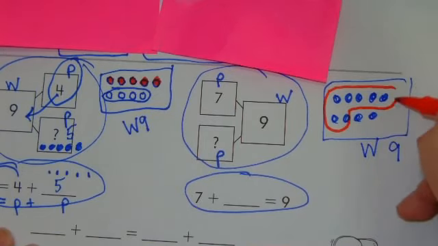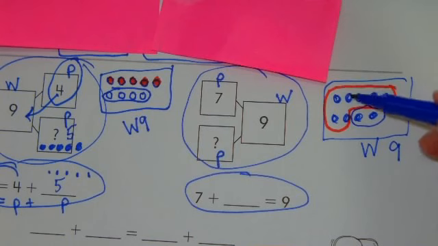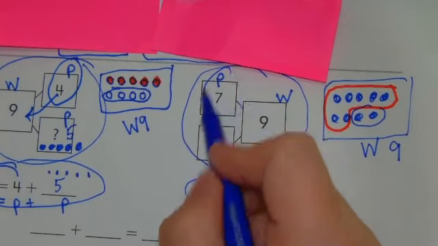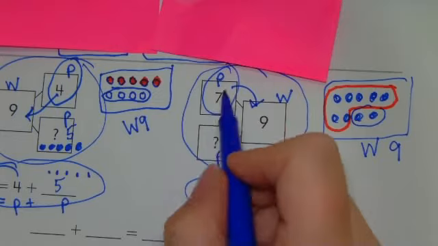You could circle 7. And how many dots are left over? 2, right? So 2, 3, 4, 5, 6, 7, 8, 9. 2 plus 7 equals 9, right?